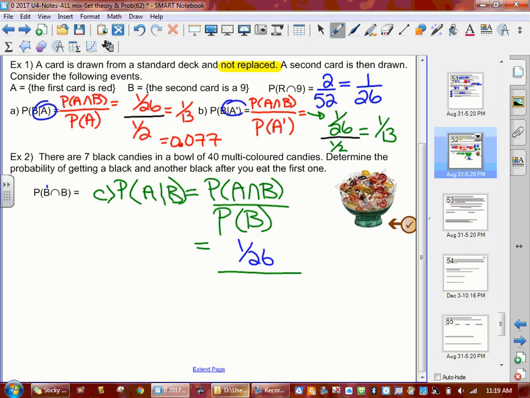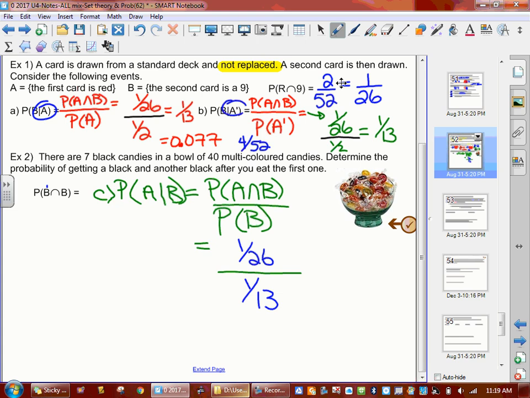Well, what's the probability of B? A 9. How many 9s are in the deck? 4 in how many? 52. So 4 in 52 are 9s, which gives us 1 in 13, because we reduced it.